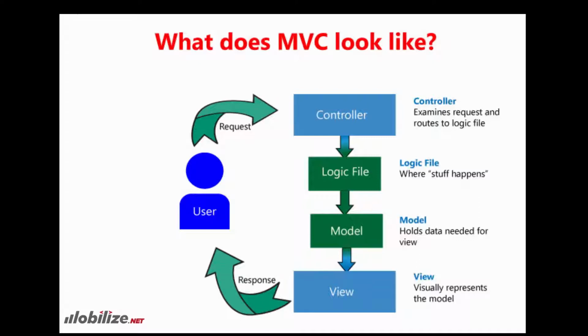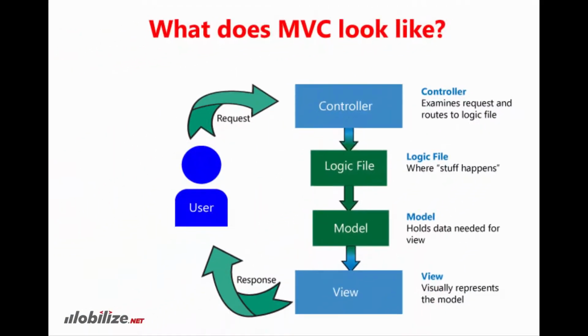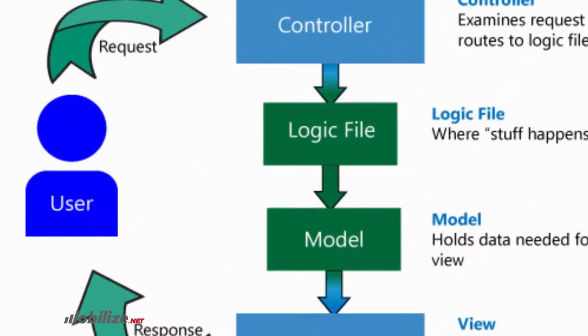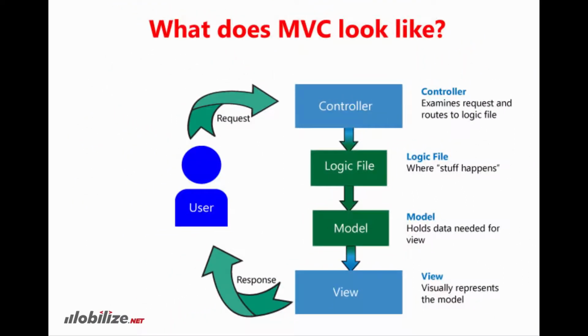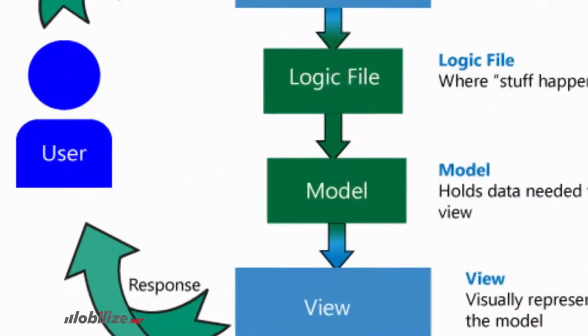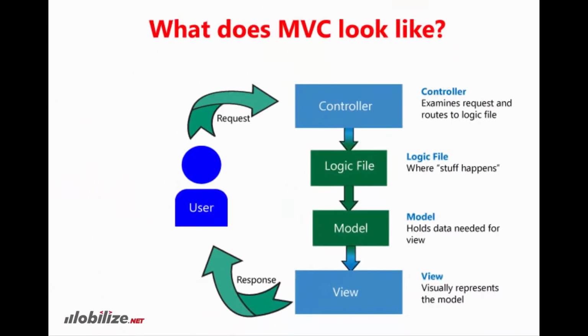The request is handled on the server side by a controller, which is sort of a traffic cop. The controller examines a request and routes it to the correct logic file. Logic files are the part of the application that actually does stuff, like handle business logic, talk to the data layer, and so on. The logic file then updates the model, which is serialized as a JSON object, and returned to the client.